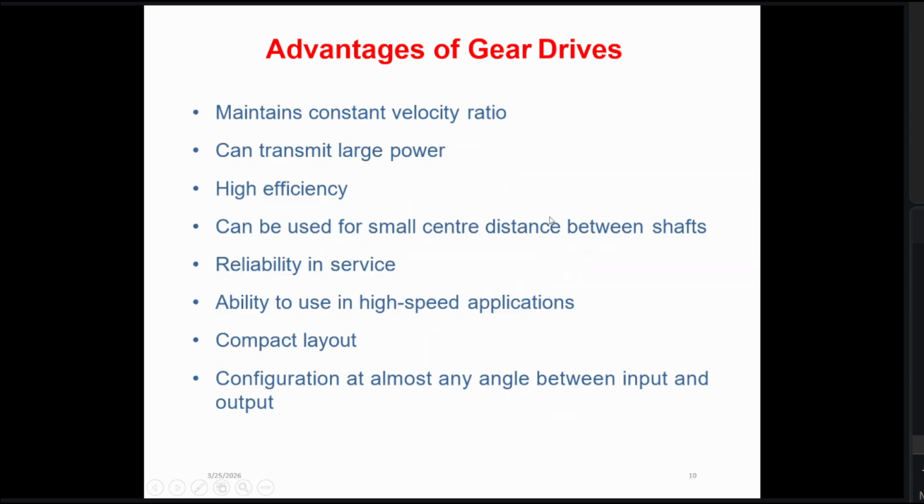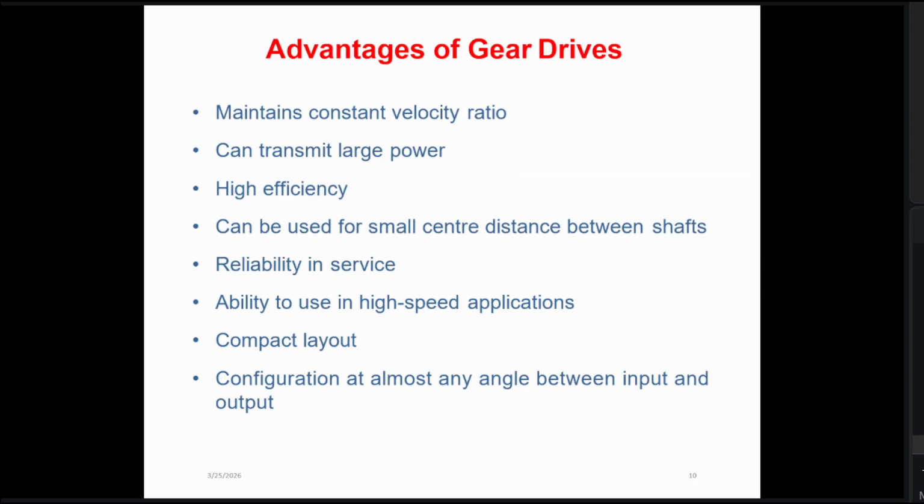So these are the advantages of gear drives. As you correctly know, they can maintain a constant velocity ratio, not like belts. They can transmit larger power compared to belt drives. The efficiency is higher, right? When it comes to helical gears, it can reach up to 98% power transmission efficiency.